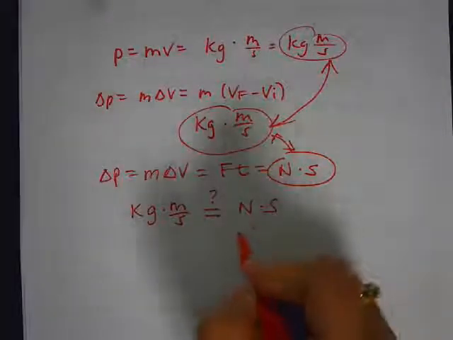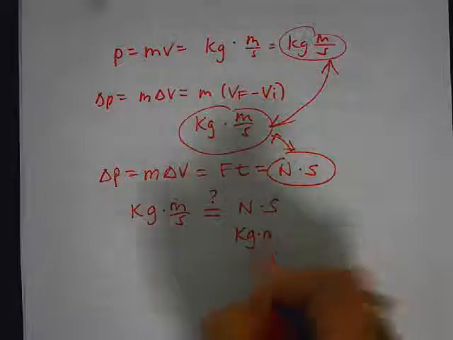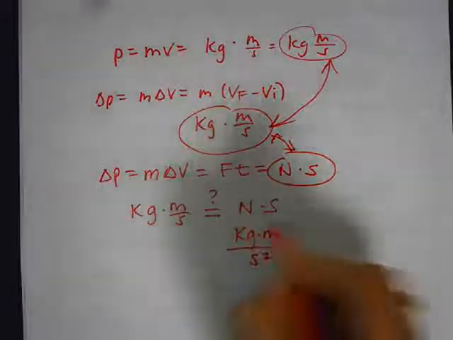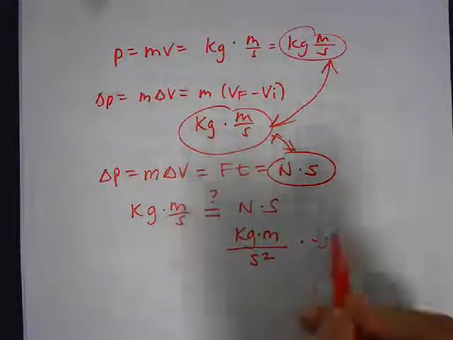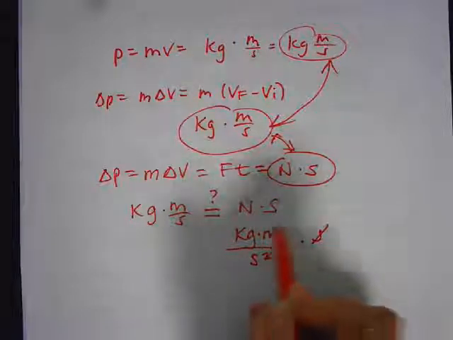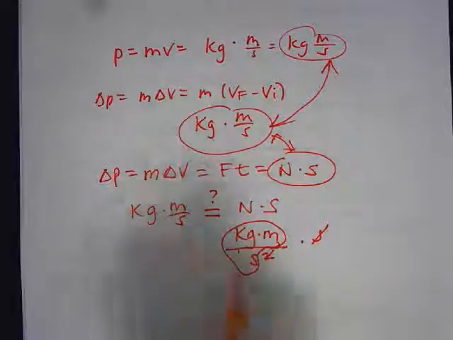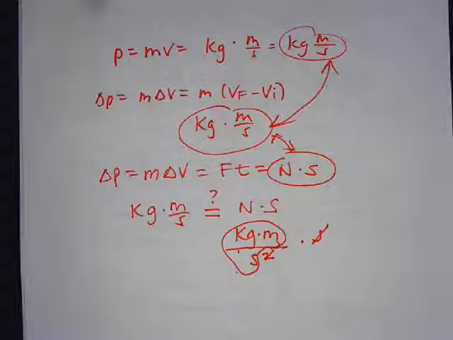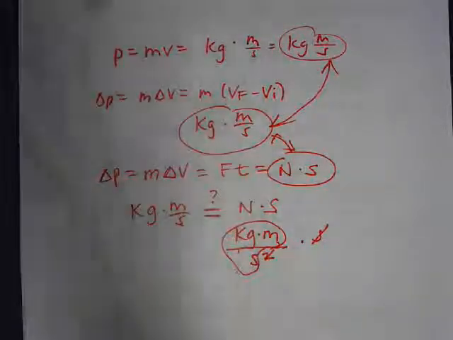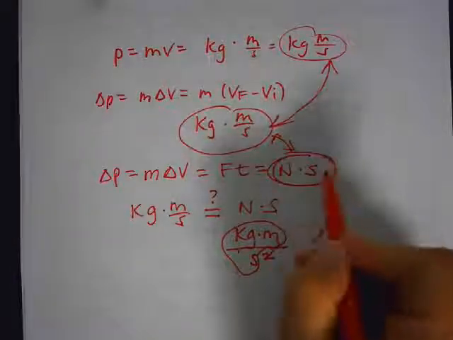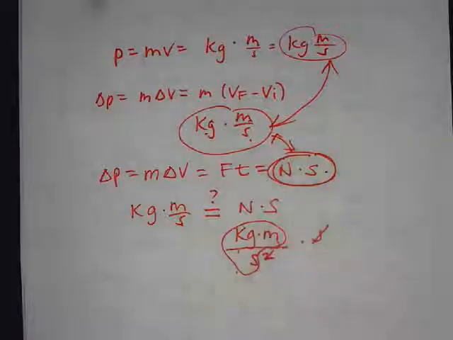Well, I know that a newton is a kilogram meter per second squared, and then times this second. So this second cancels with that, and I end up with kilogram meter per second. Are they the same thing? Yes. So we see that the unit can either be a newton second or a kilogram meter per second, and we see that they're the same thing. Okay?